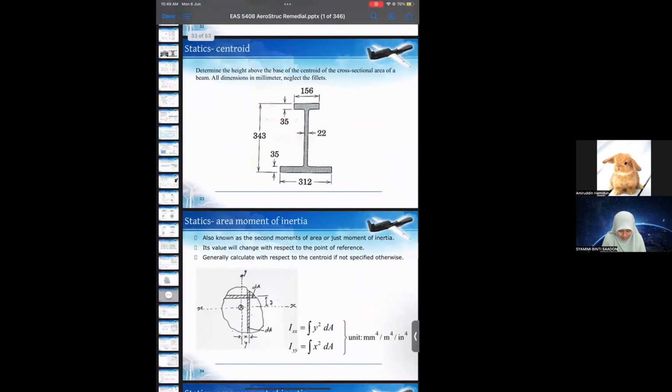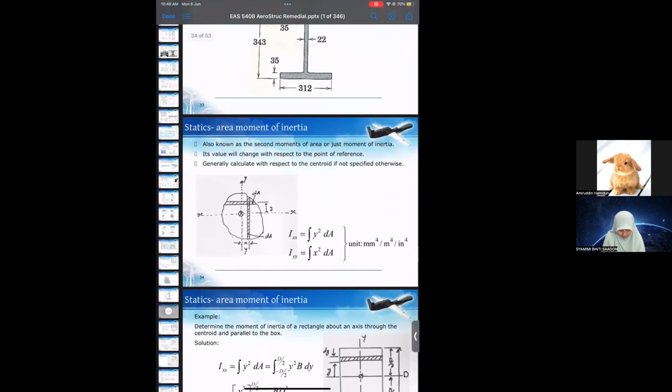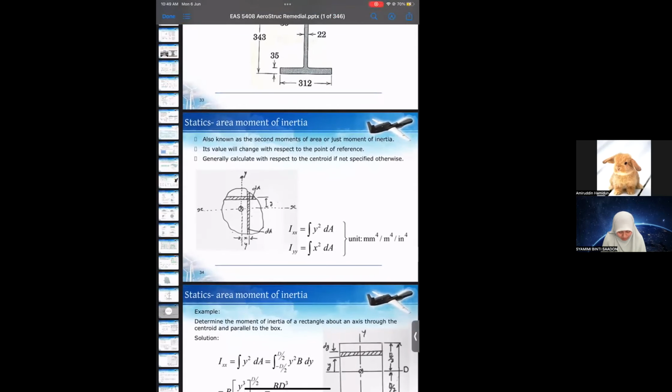Next is area moment of inertia, also known as the second moment of area. You know inertia. We also have the moment of inertia, which is calculated in area units, meter to the power of 4.